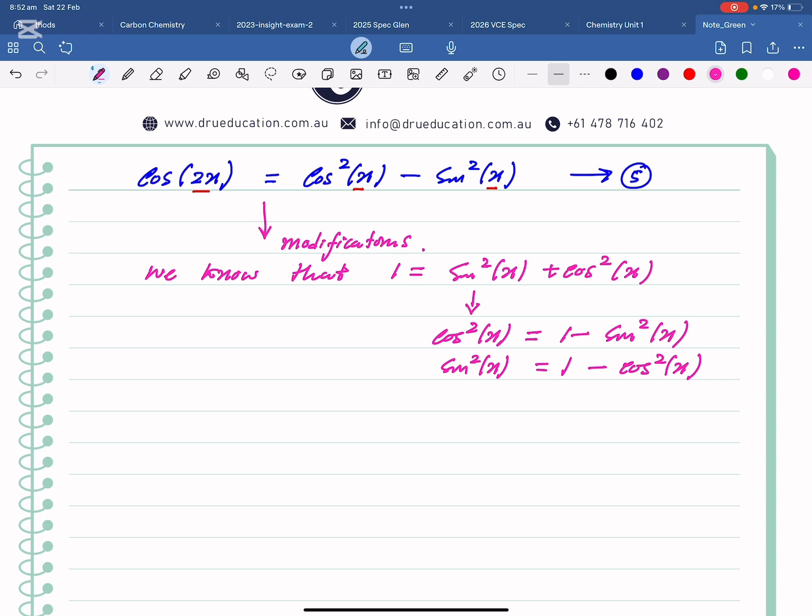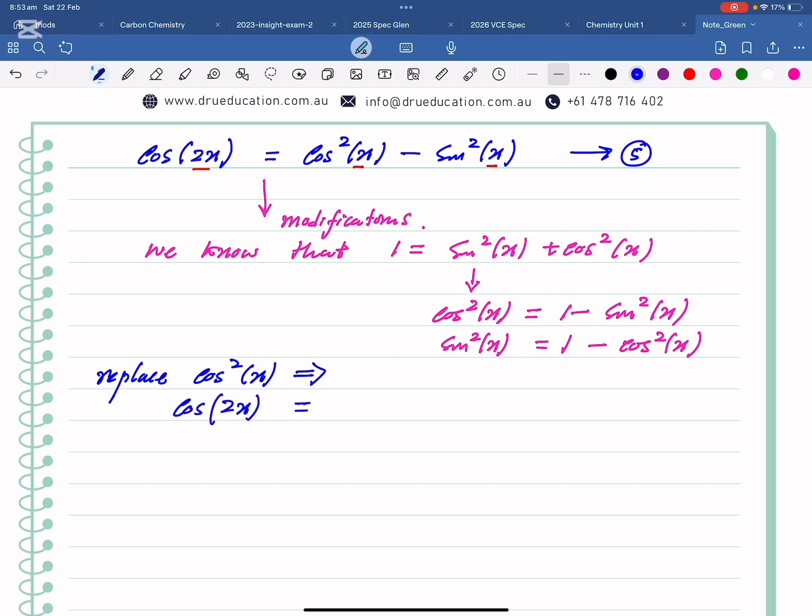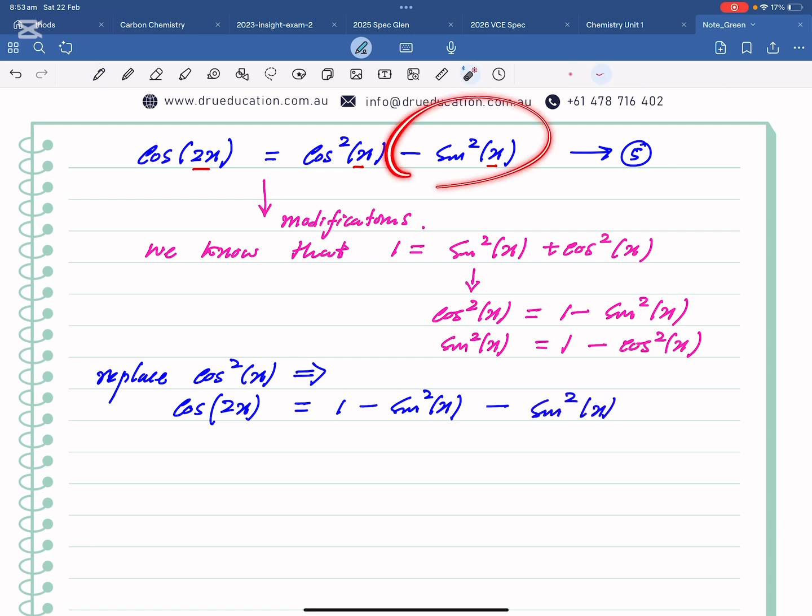Now, what I'm going to do slowly is replace cos squared x. So cos 2x is equal to cos squared x here, right? That would be 1 minus sin squared x. Then the original sin squared x, I'm going to put it here. This guy is nothing but this.